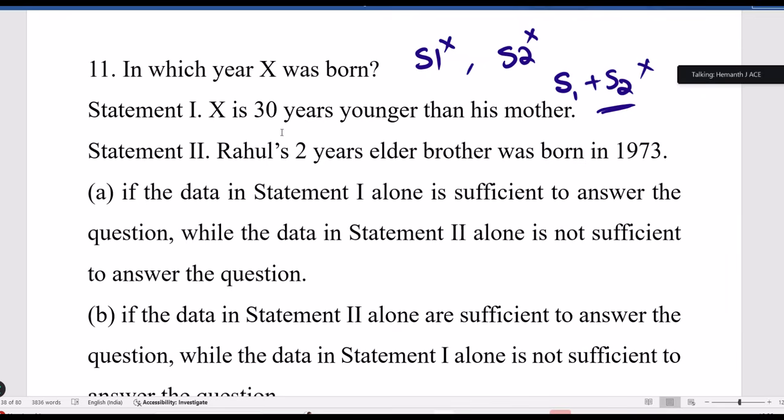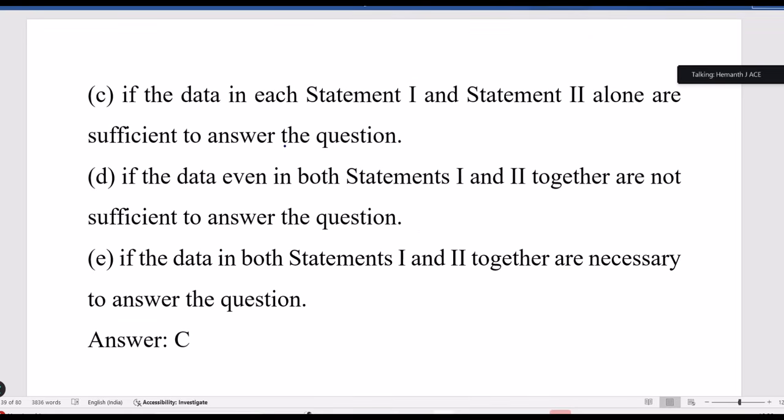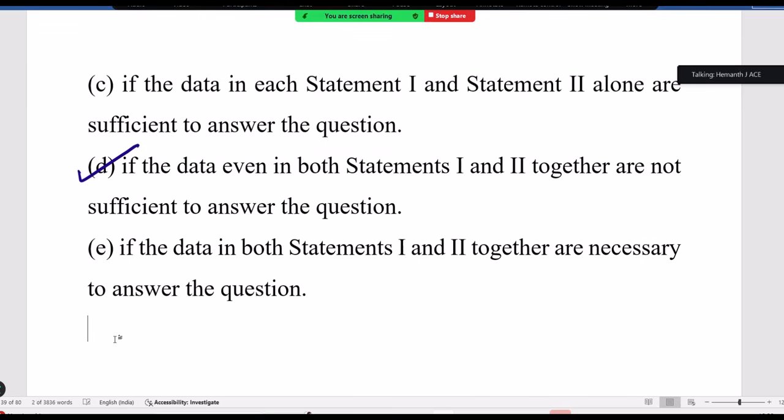We don't have the relation between Rahul and X. That's the problem. Alone, no way. This is the wrong option. Answer C is no. Put together not sufficient is the answer.